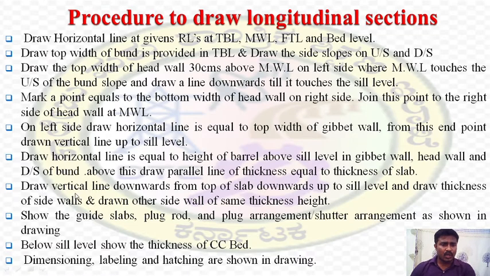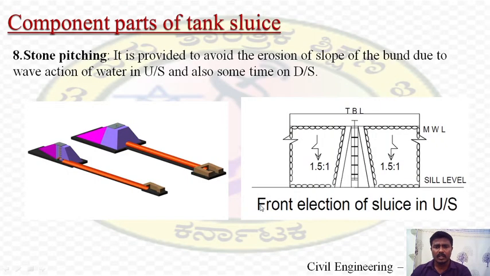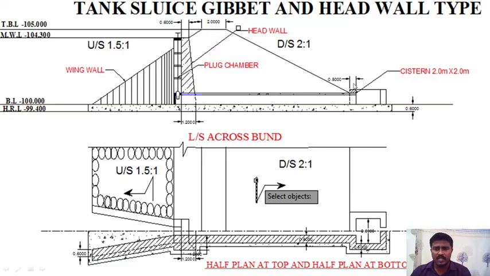Next, draw a vertical line downwards from the top of the slab up to sill level and draw the thickness of side walls. Then draw a vertical line from the slab barrel and add the thickness of the side wall, so then you have a cistern.